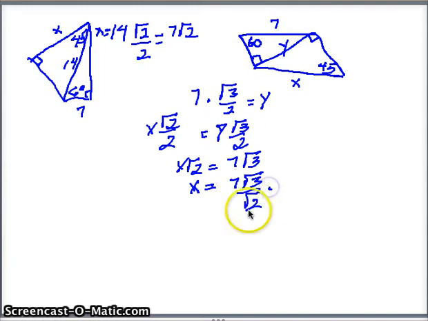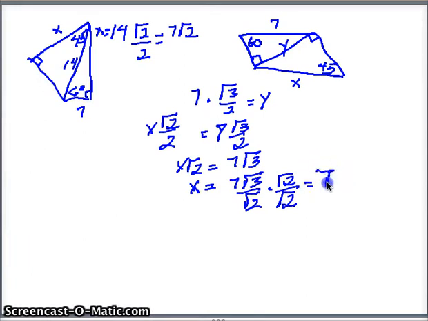And therefore, I've got to get this out of the denominator, so I'll multiply both the top and the bottom by the square root of 2, which is the same thing as multiplying times 1, so the value does not change.